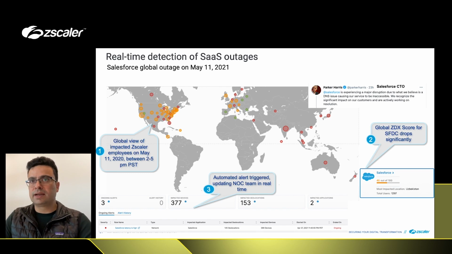So instead of getting hundreds of tickets from hundreds of salespeople across the globe, we only received 5 to 6 tickets. And by the time most of the salespeople were going to complain, they had already received a notice from Zscaler IT. So it not only reduced the number of tickets, but also informed users who were aware of an ongoing issue. This is one example of a global SaaS outage.